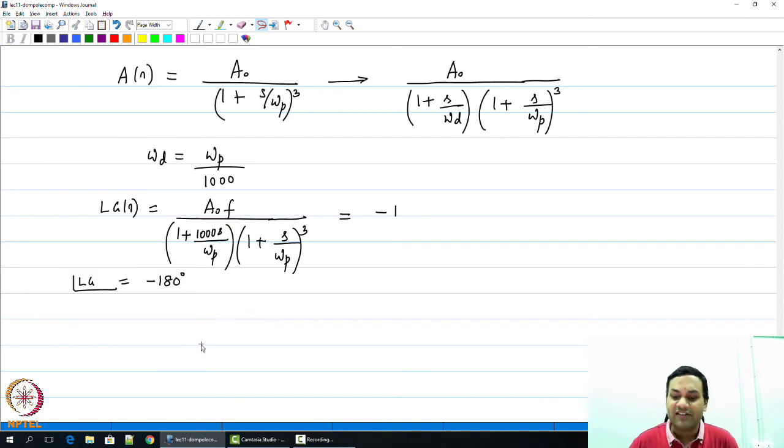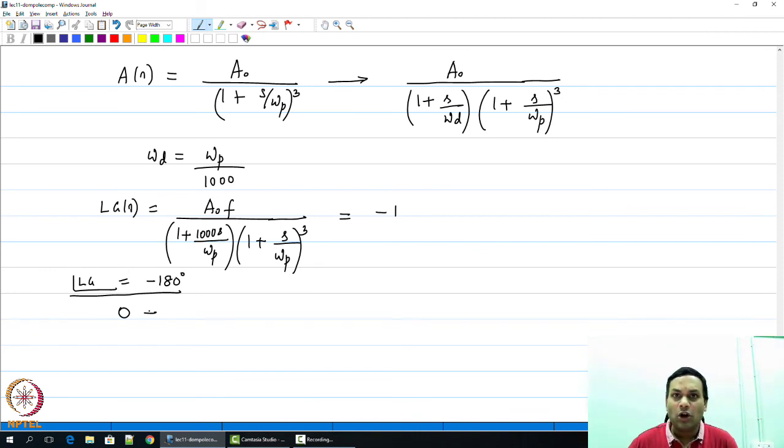So this is the first constraint. This constraint tells me that I need to calculate the phase of the loop gain. Of course the numerator gives me 0 phase, and now I have to subtract the phase of the denominator from this.